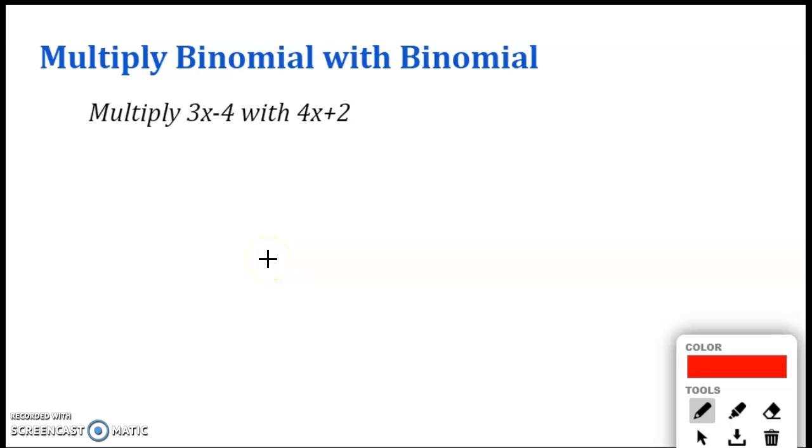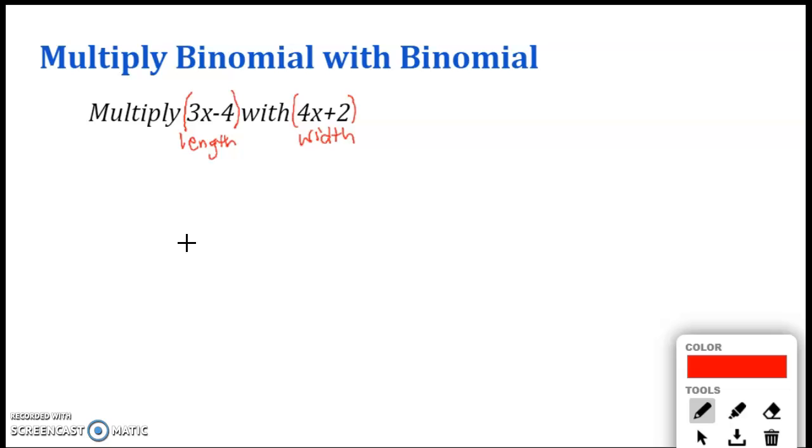And if you recall from IM1 last year, you actually did this using the area model. You thought of the first binomial as the length and the second binomial as the width.